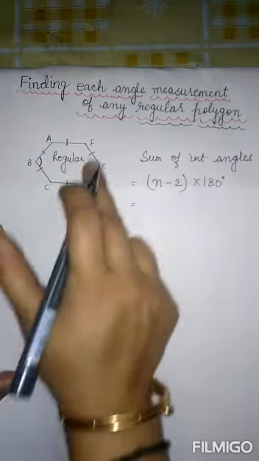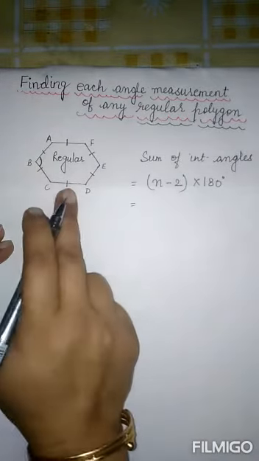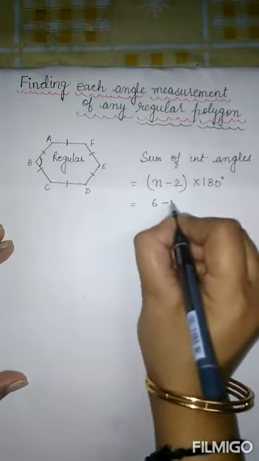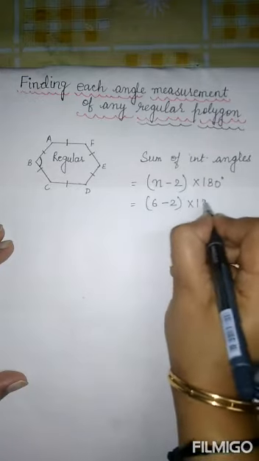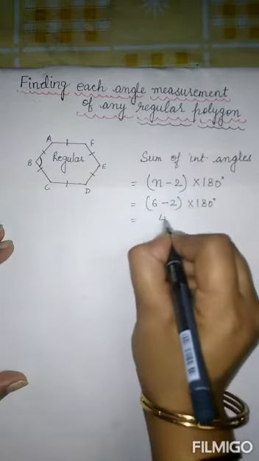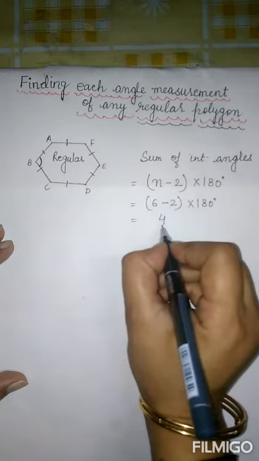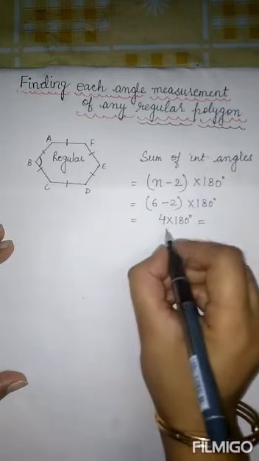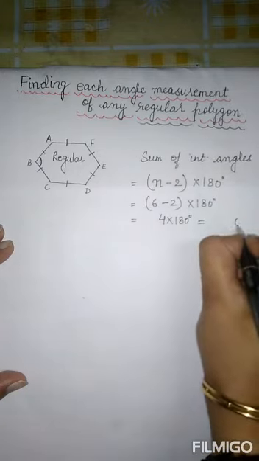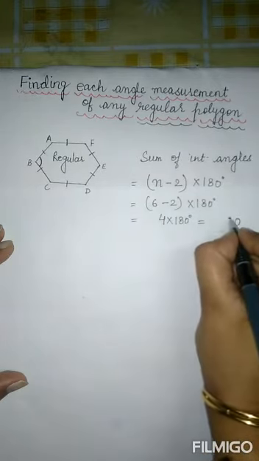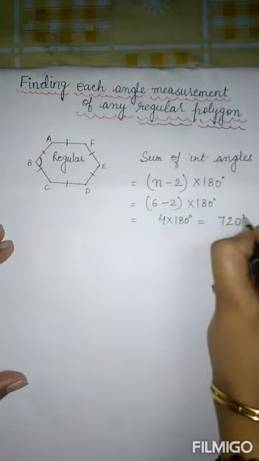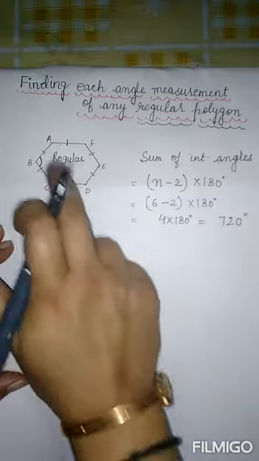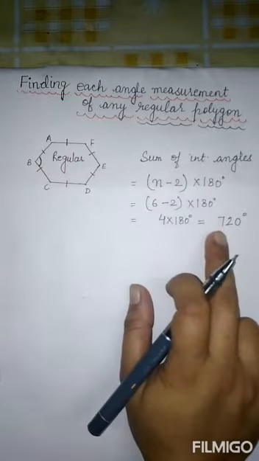So how many sides do I have in this figure? 1, 2, 3, 4, 5, 6 sides. So 6 minus 2, which is 4, multiplied by 180 degrees. What do I get? Let us multiply. 720 degrees. The sum of all interior angles is 720.